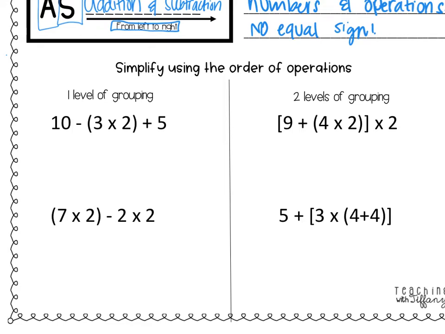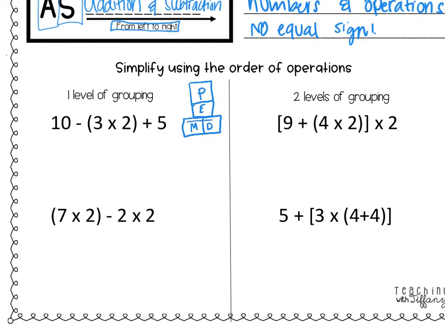Boys and girls, every time you have an equation like this, I expect you to write down your PEMDAS like we used earlier. So we have P for parentheses, E for exponents, M for multiplication, D for division.